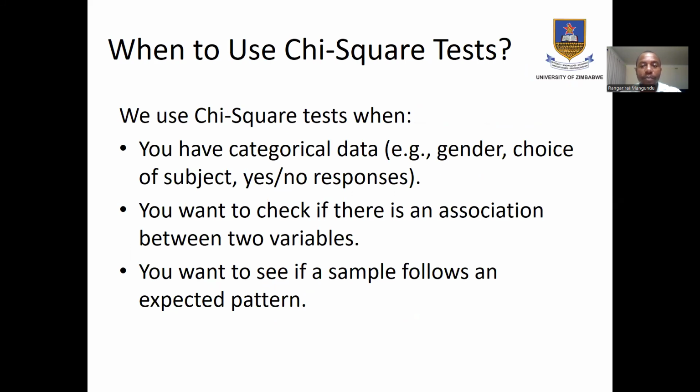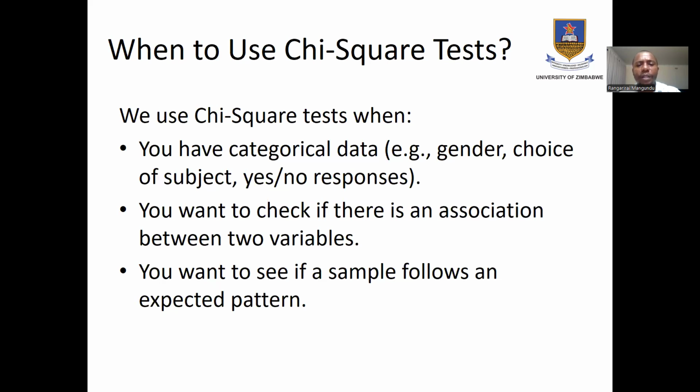Okay. What are examples of categorical variables? Gender, the choice of subject, yes or no. And we also use chi-square tests when we're dealing with very small samples, skewed distributions, as well as categorical data.